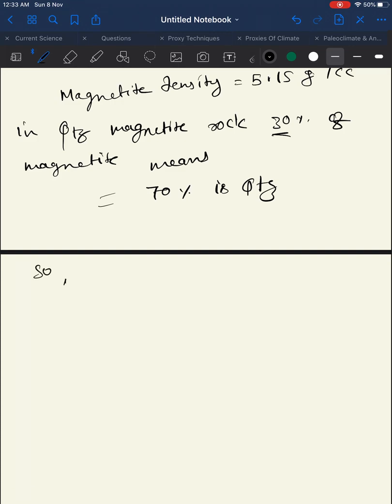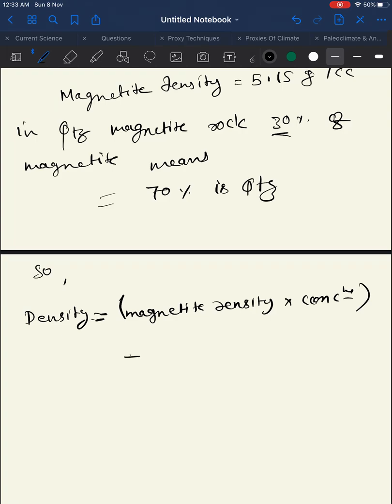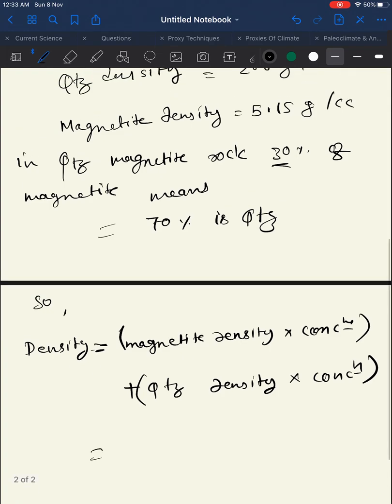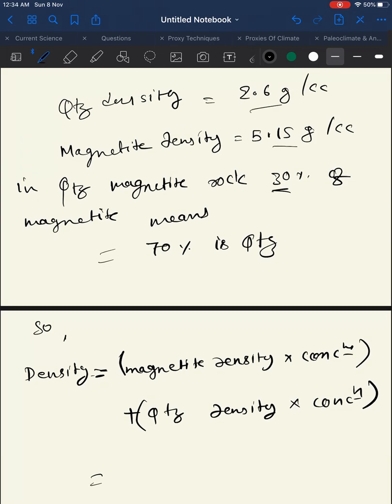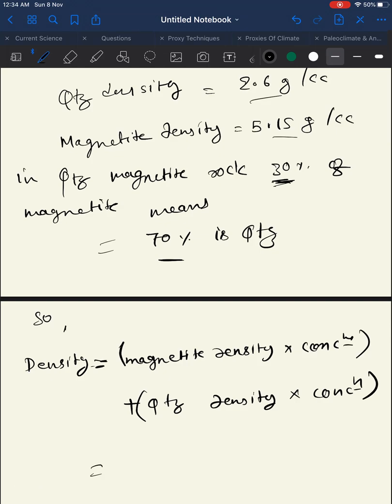So the density by formula is equal to magnetite density into concentration of magnetite, plus quartz density into its concentration. Now we have the density and the concentration: 30% for magnetite and 70% for quartz.